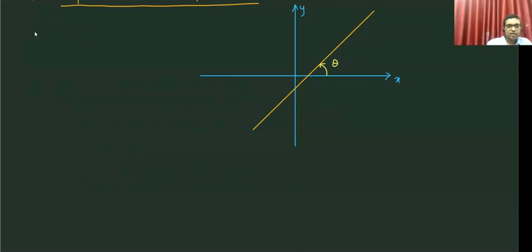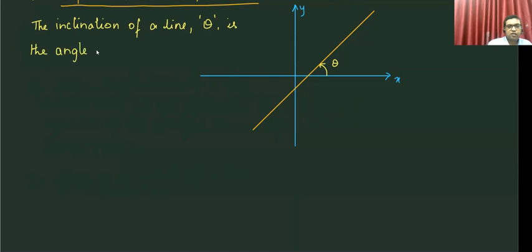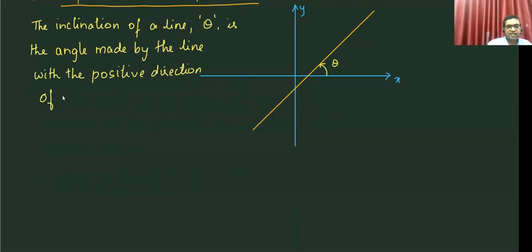Okay, the inclination of a line, theta, is the angle made by the line with the positive direction of x-axis, taken in a counterclockwise or anti-clockwise sense.